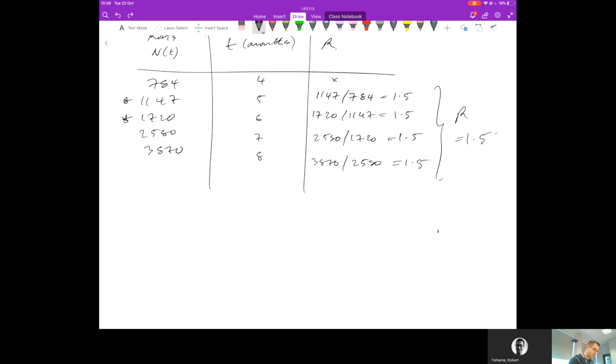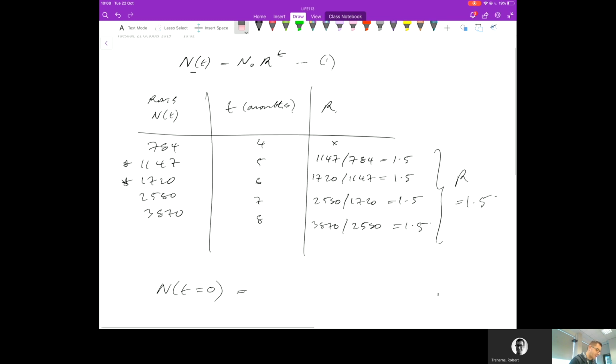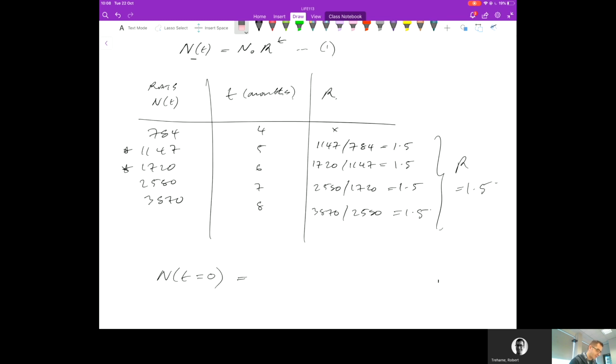What I'm trying to do here is work out N0, because if you think about it, at t equal to 0, that's R to the power 0, which is equal to 1.